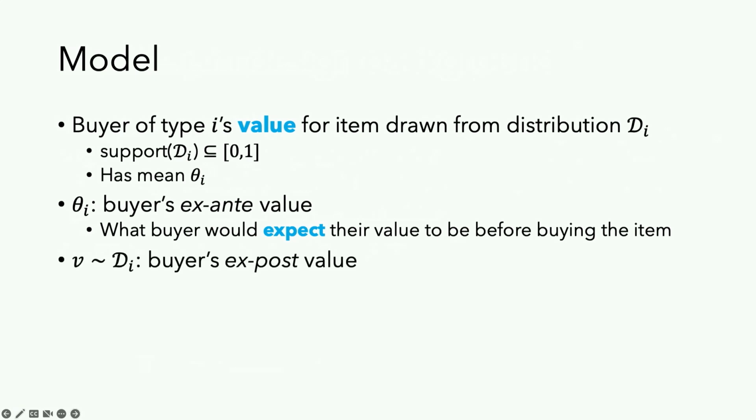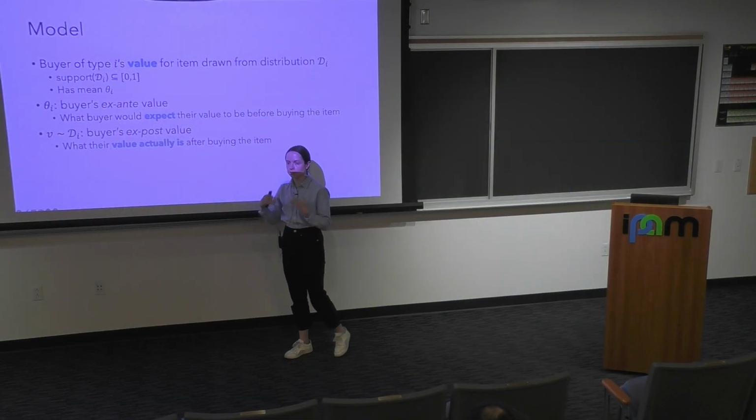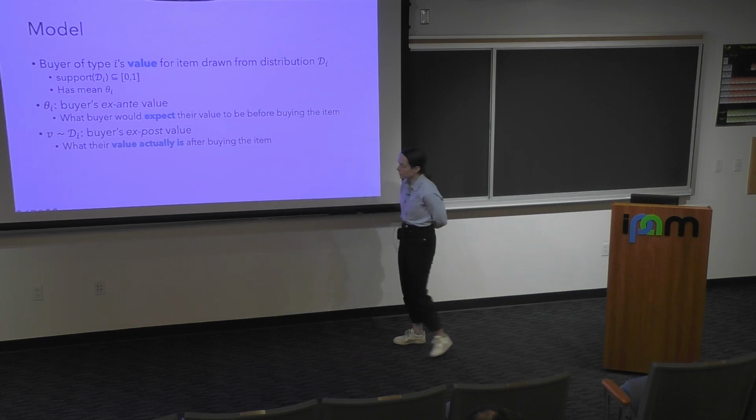Now, let's sample V from D_I. This is what we refer to as their ex post value, and their ex post value is what their value actually is after they purchase the item. So I expected to like the coffee, but when I bought it, it was burnt, so I didn't actually like it.